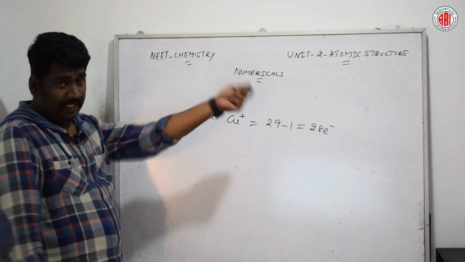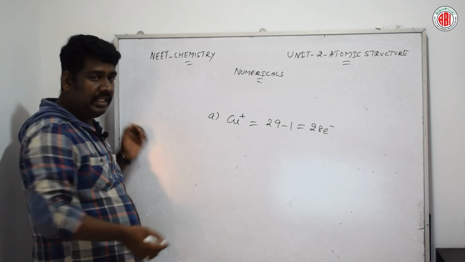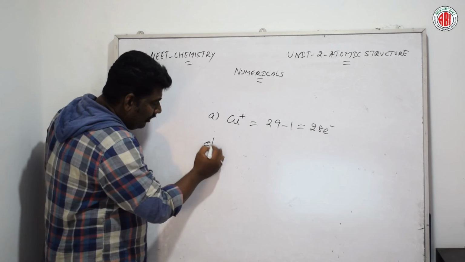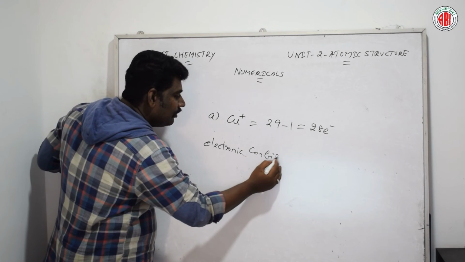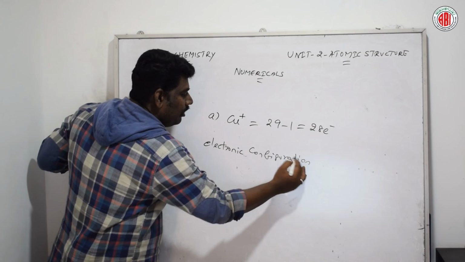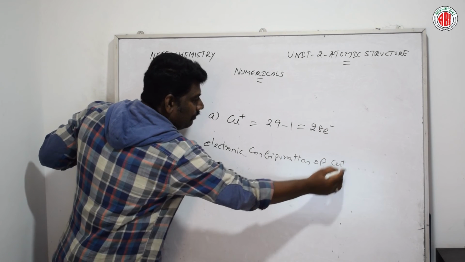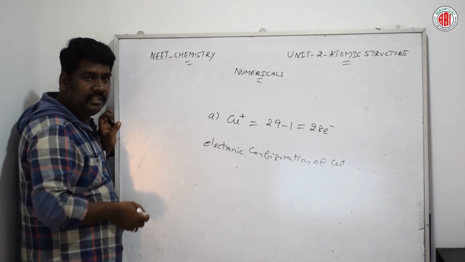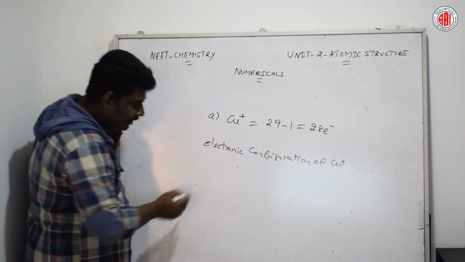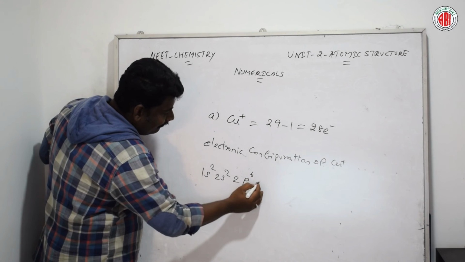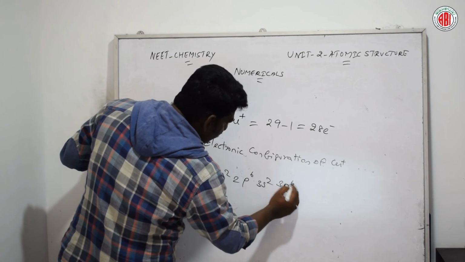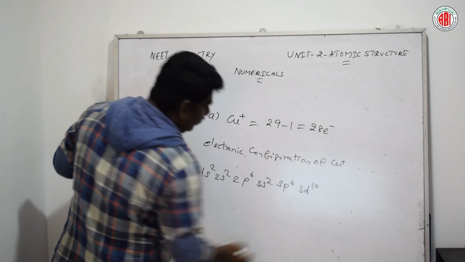Okay, so let us write the electronic configuration of Cu+. This could be written as 1s2, 2s2, 2p6, 3s2, 3p6 and 3d10.